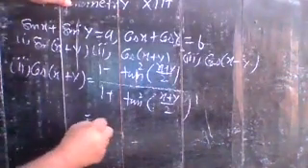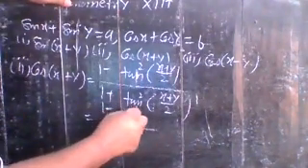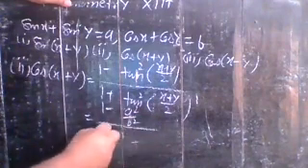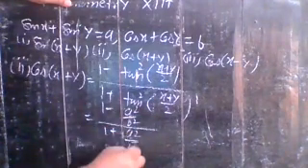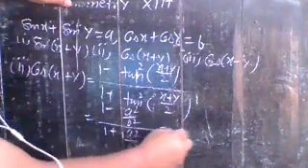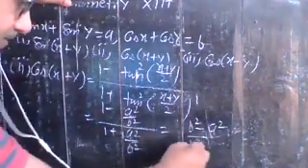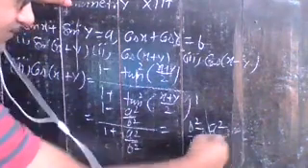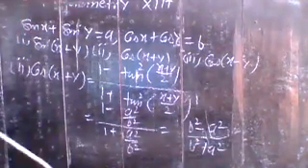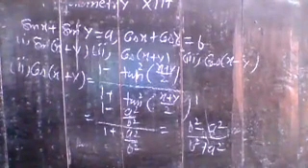Now putting its value, 1 minus a square by b square over 1 plus a square by b square. Taking LCM, you have b square minus a square upon b square plus a square. So that is the value of cos(x+y).